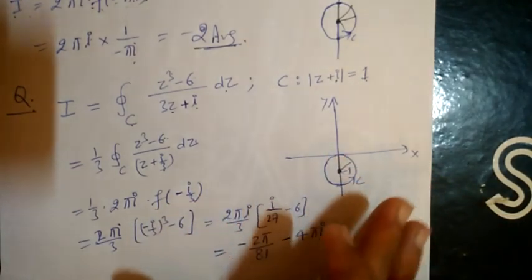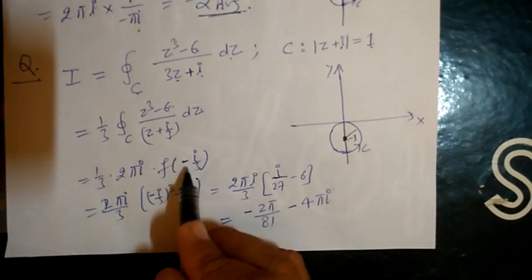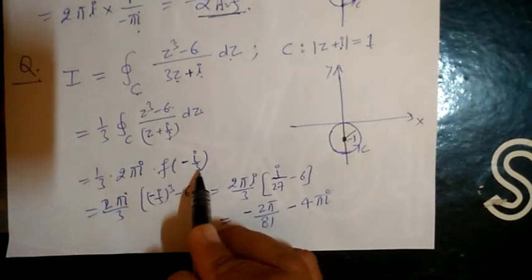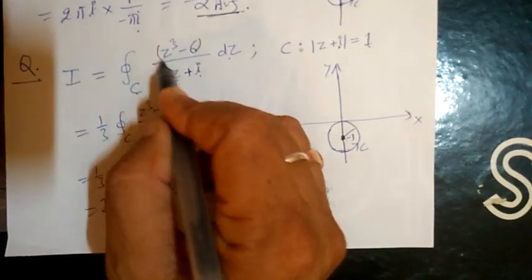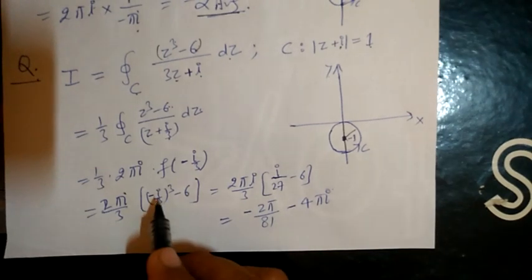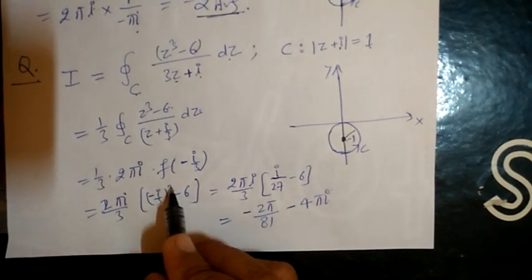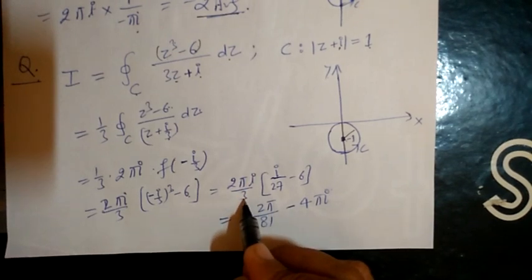So using the Cauchy integral formula, we get 1 upon 3 times 2 pi iota f of z naught, where z naught is minus iota upon 3, and f of z is z cube minus 6. So this will be (minus iota upon 3) to the power 3 minus 6, times 2 pi iota upon 3.